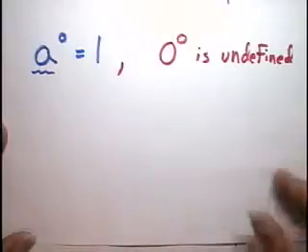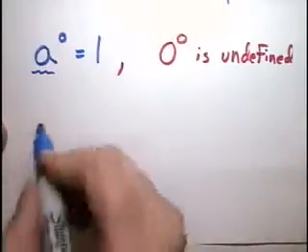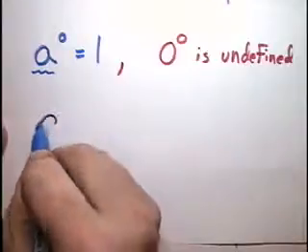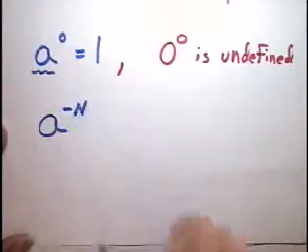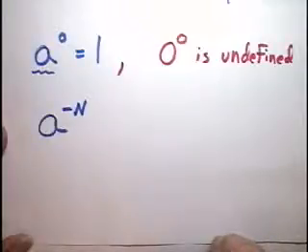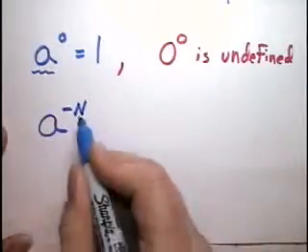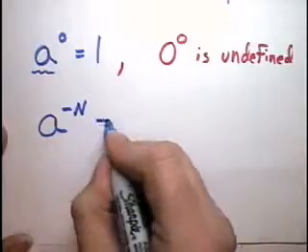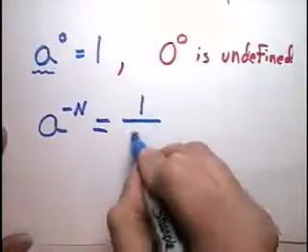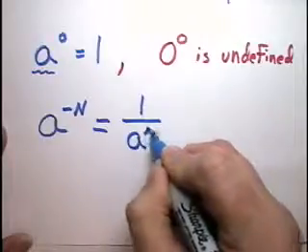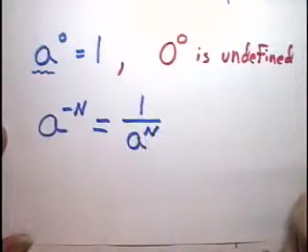Now let's look at the rules for our negative exponents. Let's take an a, and let's say that the exponent here is a negative n. Any base a raised to a negative number is equal to 1 over that base to that positive value.